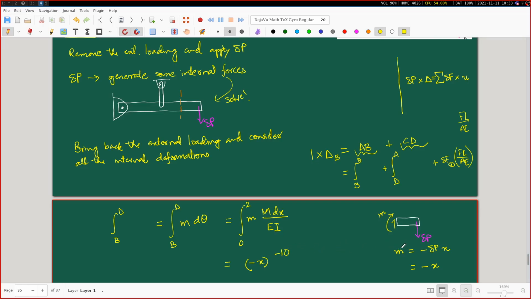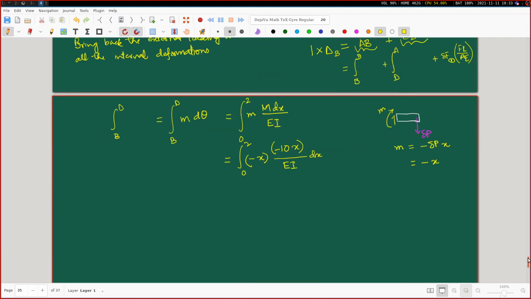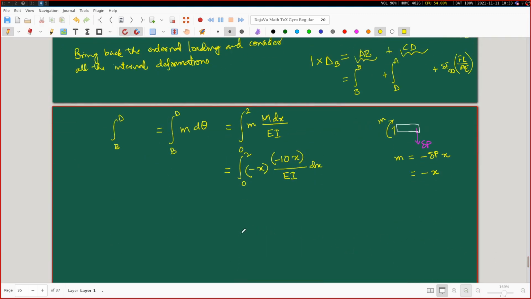So if for delta P equal to 1 you have minus x, for the force equal to 10 kilonewton you will have minus 10x. That's it. So when I said it in words, it sounded probably a little bit too complicated. But now when you actually do the algebra, it's not that.